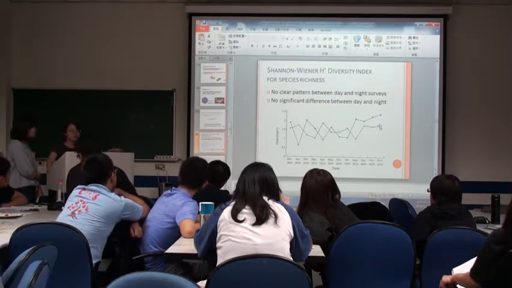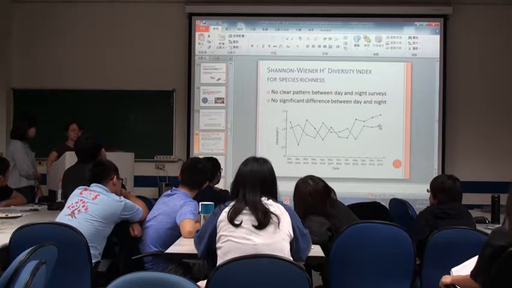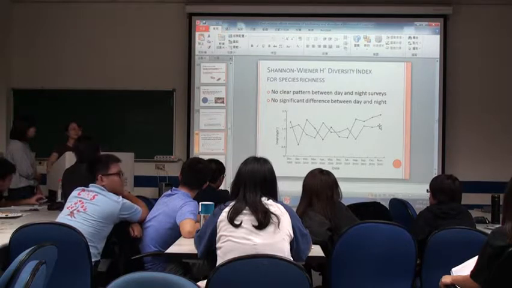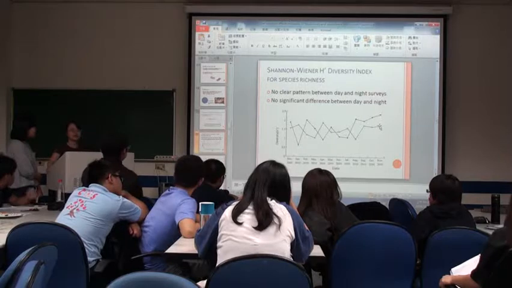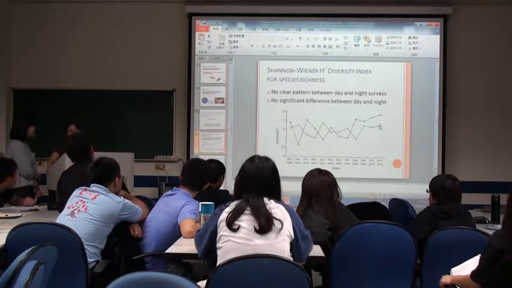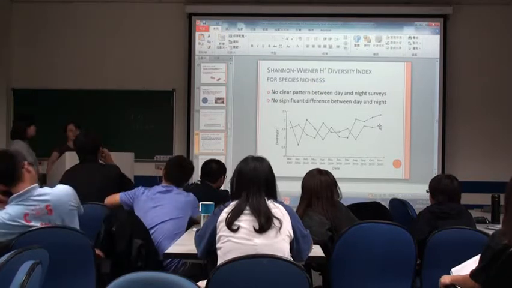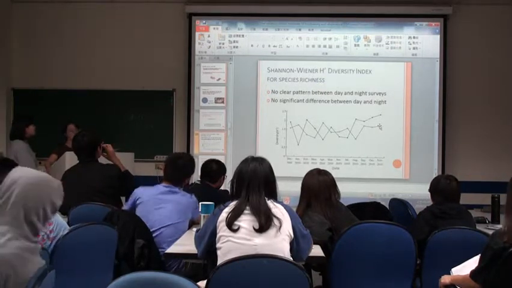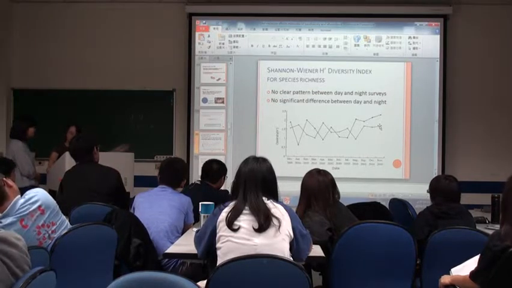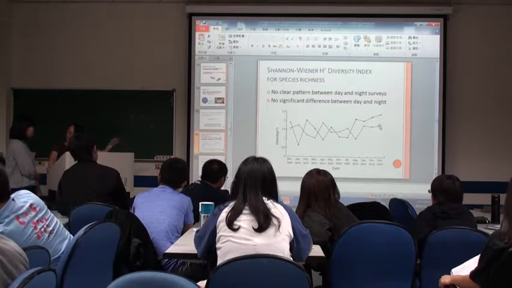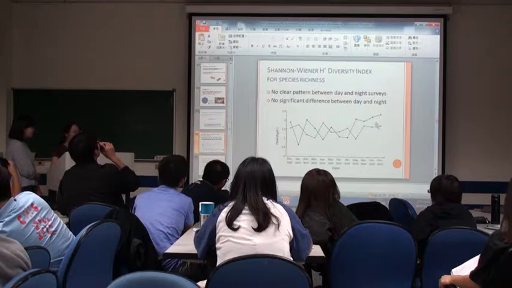I always say, the easiest way to introduce this kind of index is to tell the audience what a higher value means and what a lower value means. You don't even need to tell them how you get to the calculation. Just, higher value means higher diversity. That's it. And higher evenness means a more even distribution.